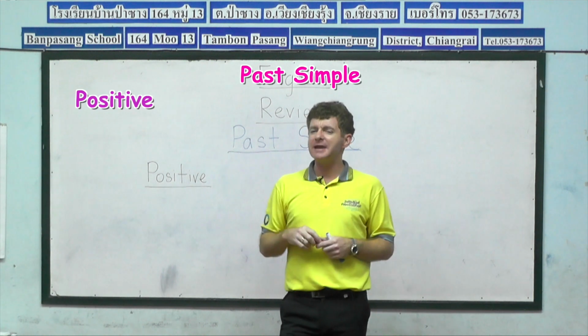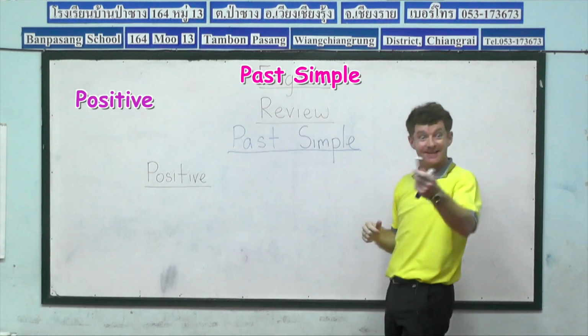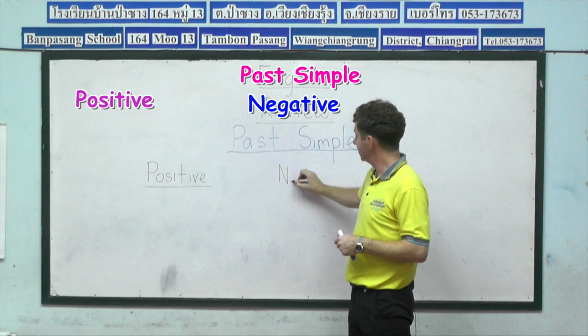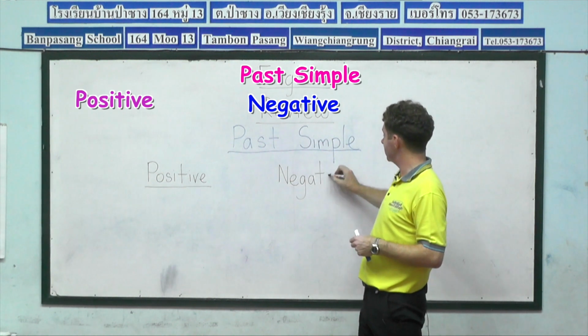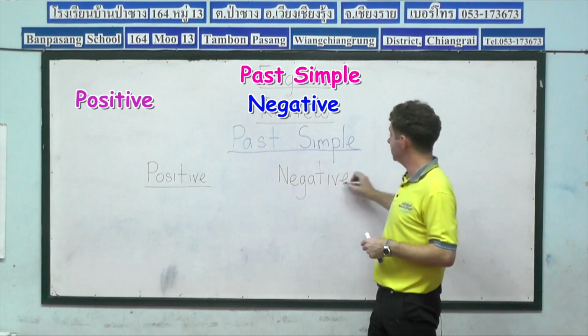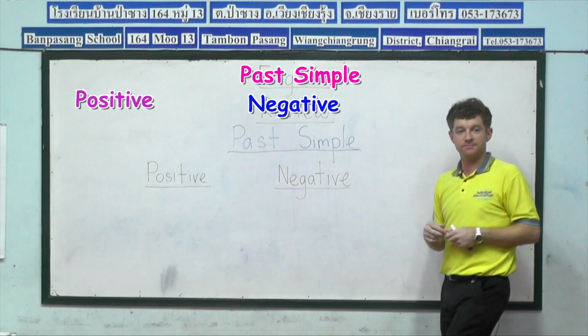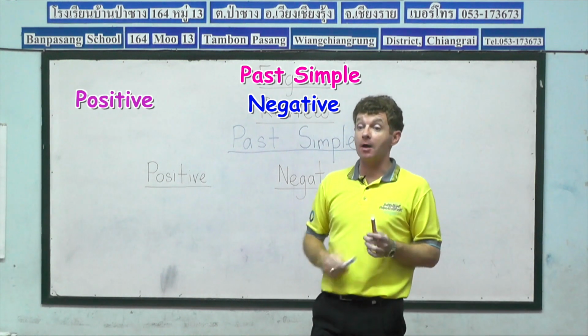But how about the next phrase for when we haven't done something? Not positive, negative. Yes, well done. Negative. N-E-G-A-T-I-V-E. Negative. And then there was the third type of phrase that we learned about.